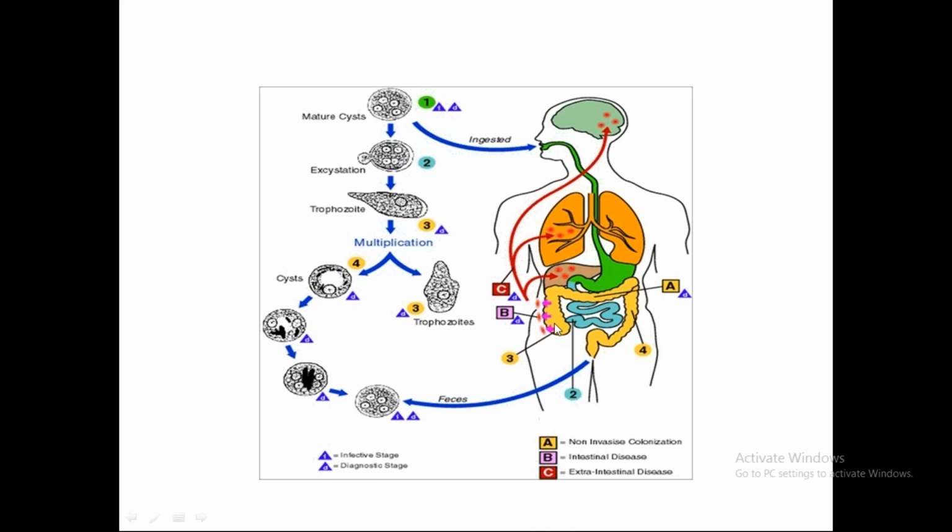So you can see here three routes. Non-invasive, it can come out through the feces, or it can cause some intestinal diseases like amoeboma in the cecum. On the left side, it can cause some flask-shaped ulcers. And one more is the extra-intestinal: liver, lung, and brain.